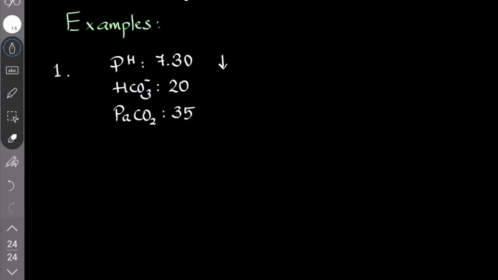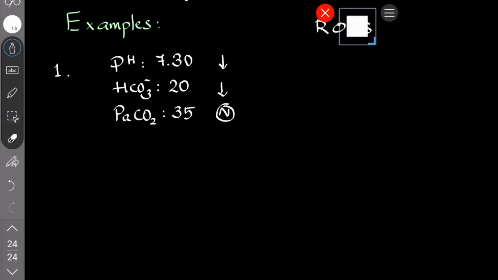The pH has been reduced, the bicarbonate is low, the PCO2 is near normal. You check the ROME rule: respiratory opposite, metabolic equal. So it's a metabolic disorder here. So we conclude it as a metabolic acidosis.